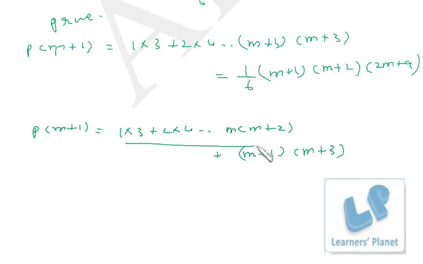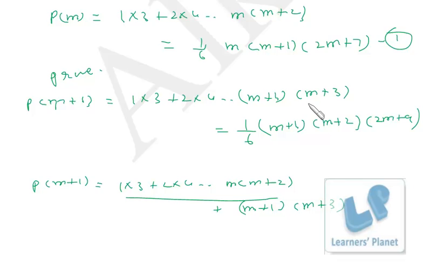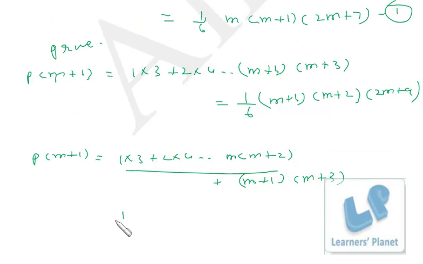Now up to m into (m plus 2), the value of this is 1 upon 6 m into (m plus 1) into (2m plus 7). So I just replace this by this. So it is 1 upon 6 m into (m plus 1) into (2m plus 7), and then we are left with (m plus 1) into (m plus 3).